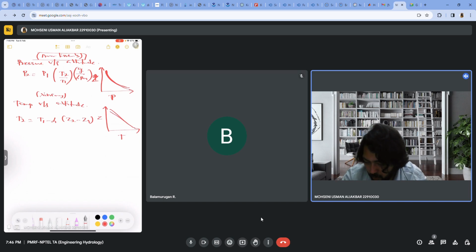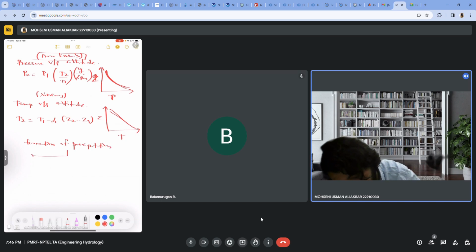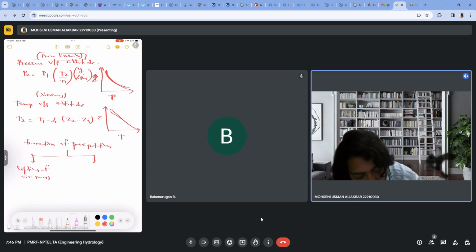Then we talked about formation of precipitation. How is precipitation formed? We know that precipitation is formed under two processes. First is lifting of air mass and the other is nucleation. Lifting of air mass is further divided into three heads: frontal lifting, orographic lifting and convective lifting.